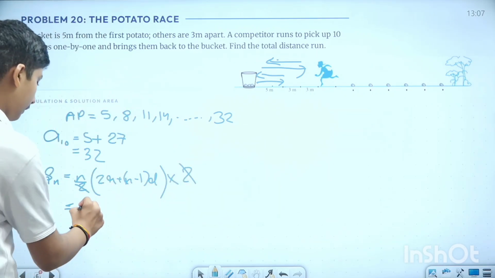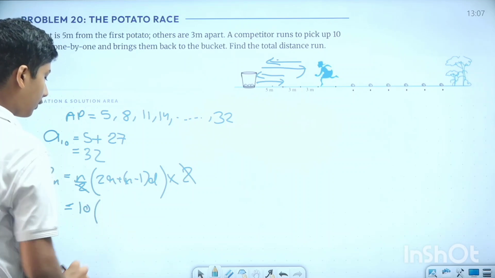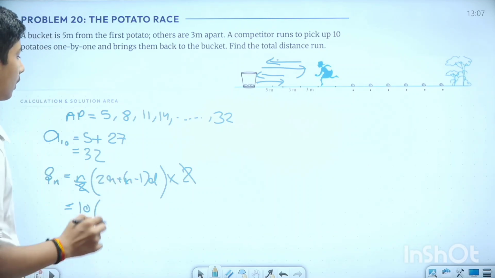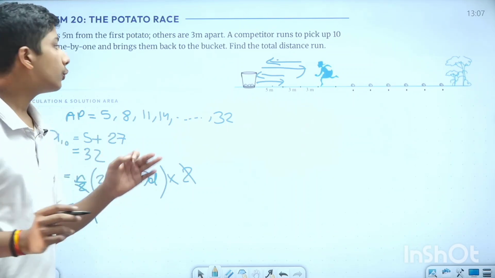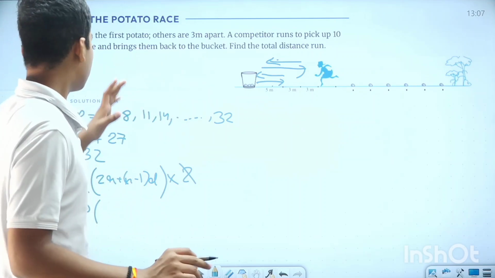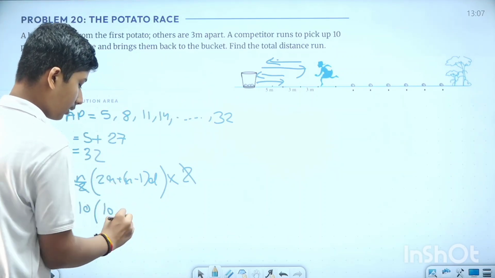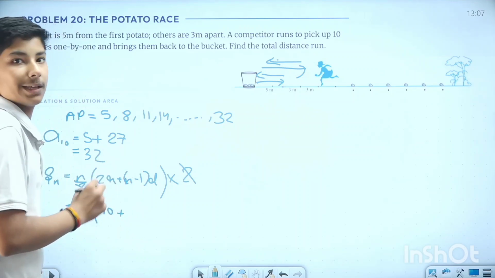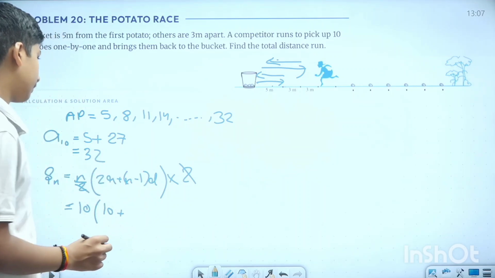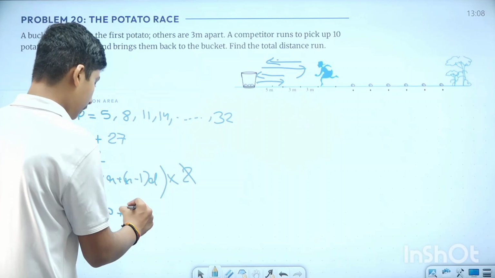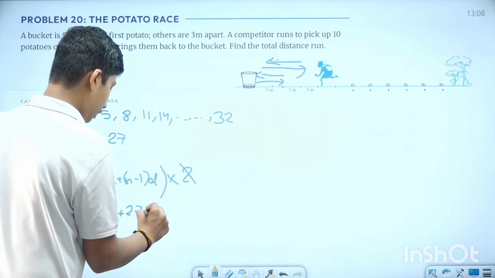n is 10. 10 into 2a. Now what is 2a? 2 into 5, 10, plus n minus 1, again n is 10, so 9 into d. d is 3, 9 times 3 is 27.